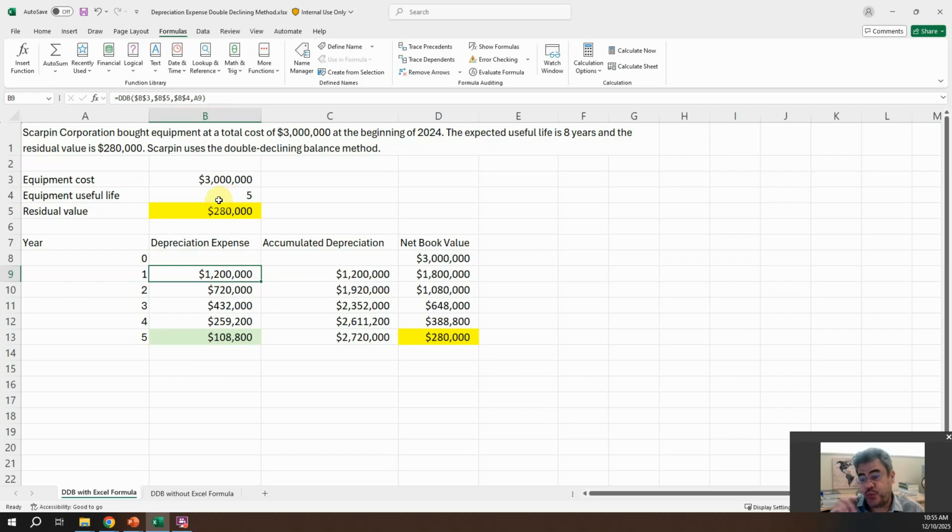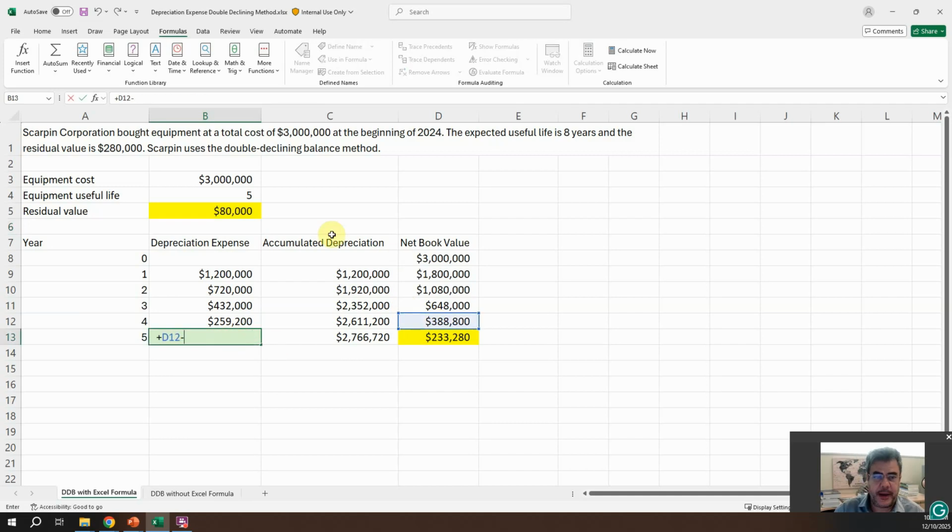However, there is one very specific scenario where you need to adjust your ending balance or your last depreciation expense, if the residual value is too low. For instance, 80. Here it doesn't match, so here you will need to use 388 minus 80, 308. So that is the only scenario, but it is rare.